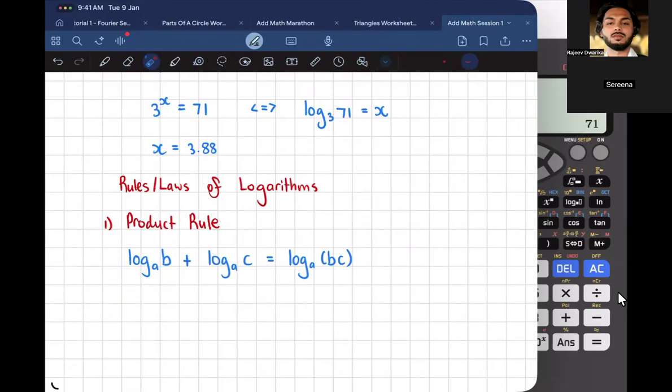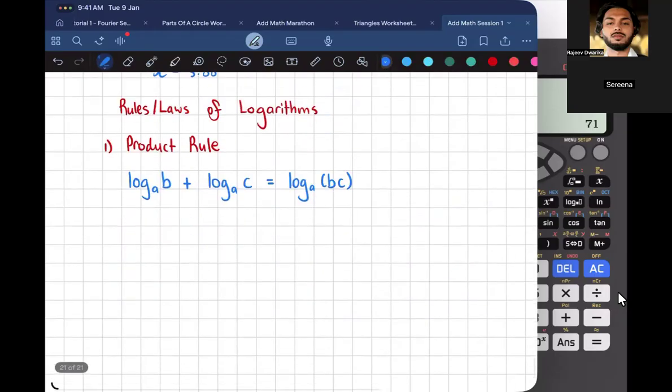Remind me, Serena, if I put log base 3 of 71 and enter, I'm finding for a power. Yes. Isn't this a power? Yes. And isn't this a power? Yes. If you're adding powers, you would have to multiply the bases.